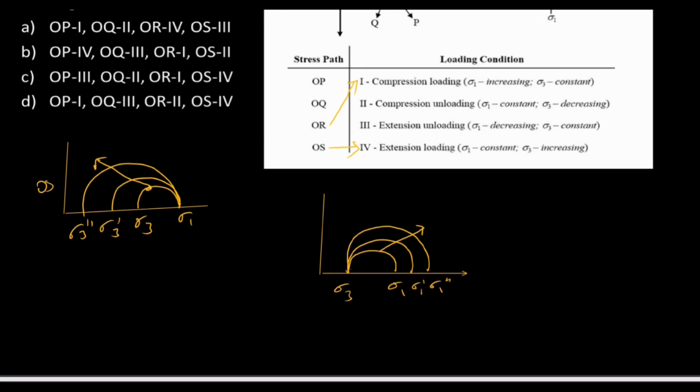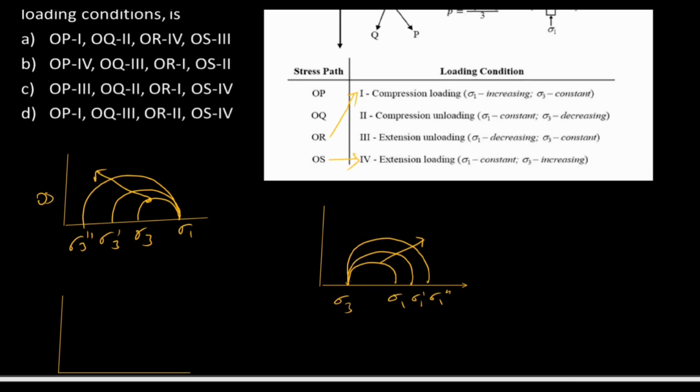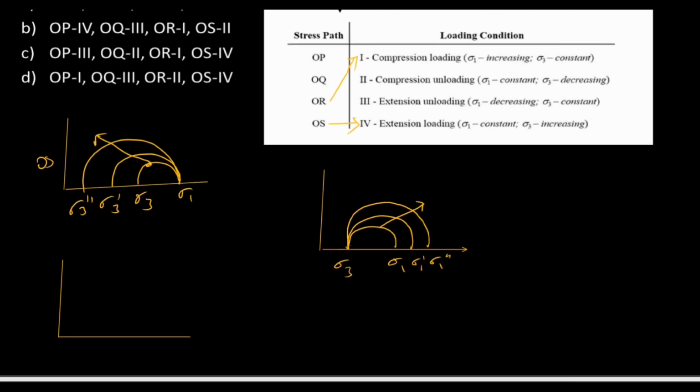Okay. So for OP, we will draw for OP. For OP, it is in the downward direction, which is nothing but the decreasing of sigma 3.